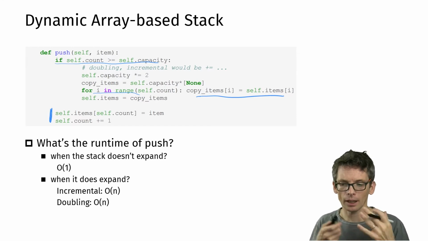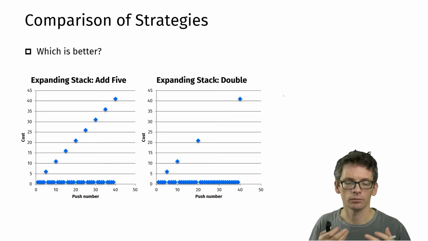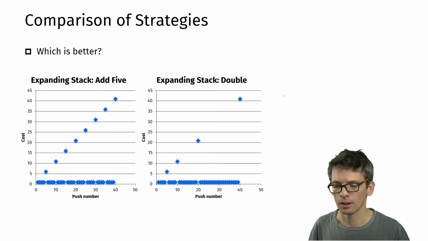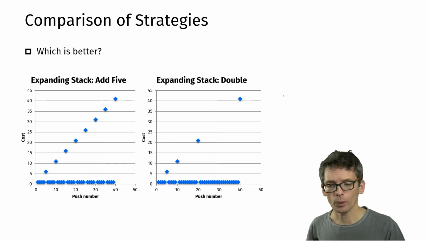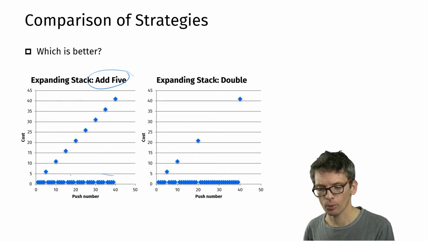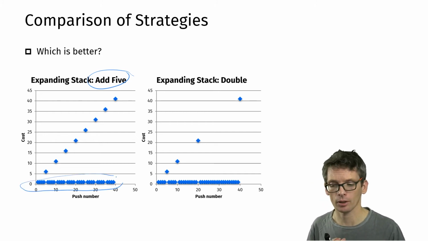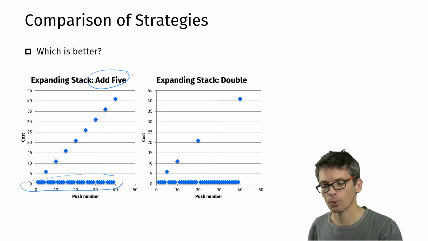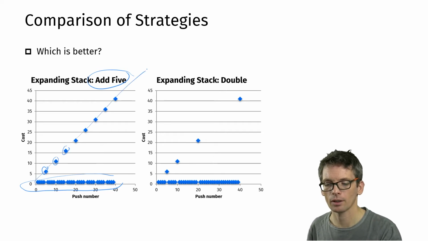So let's look at a schematic graph in terms of the running time, or in terms of the operations. On the left we have the add 5 strategy. When I push, most push operations take constant time. Only after every 5 steps I have a push operation that takes linear time.